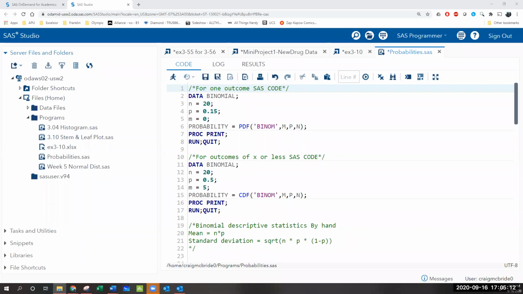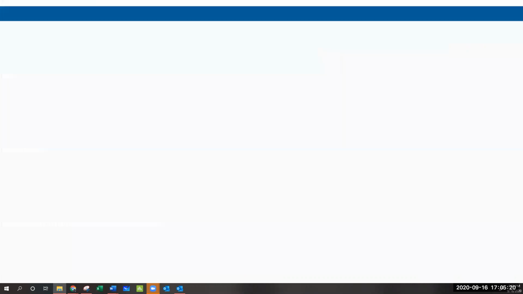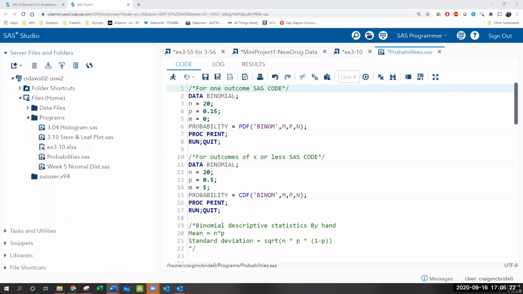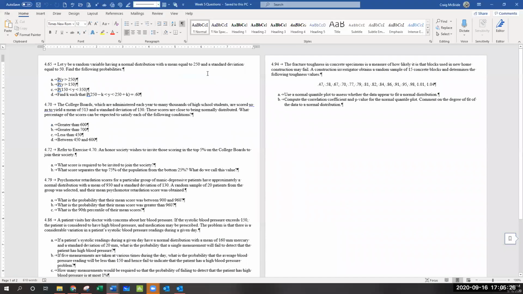This week's homework, they had some questions. Let me pull up the question sheet and I'll just show you what I'm talking about. Okay, so in this week's homework, you had some questions that were random variables with a normal distribution, right?